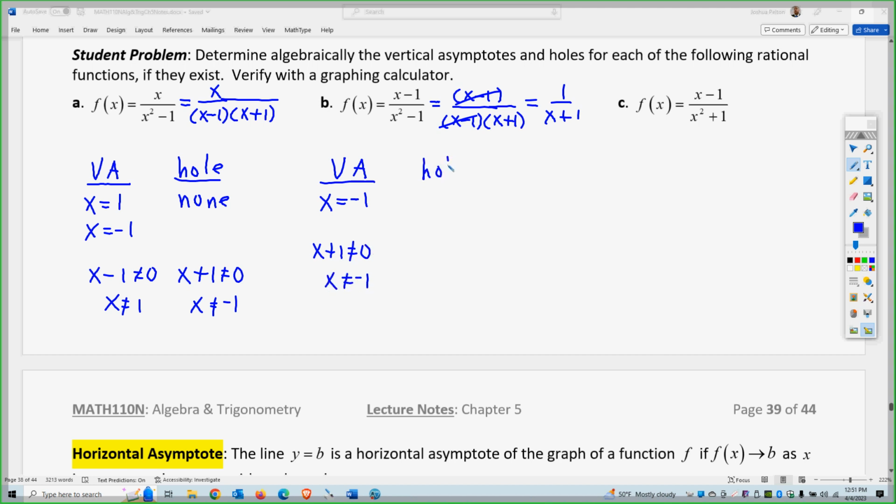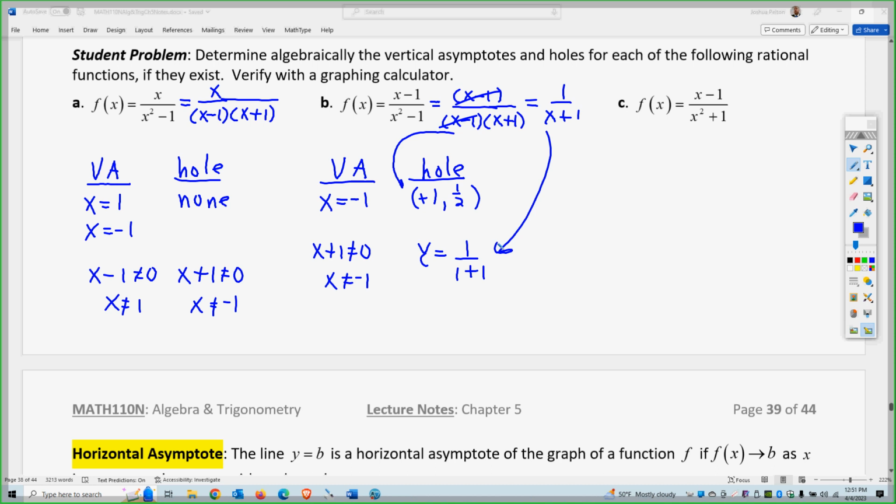So the hole is at positive 1, because I took this out. If I solve that, y equals 1 over 1 plus 1, so I get 1/2, because I'm just using the actual function that is left over.